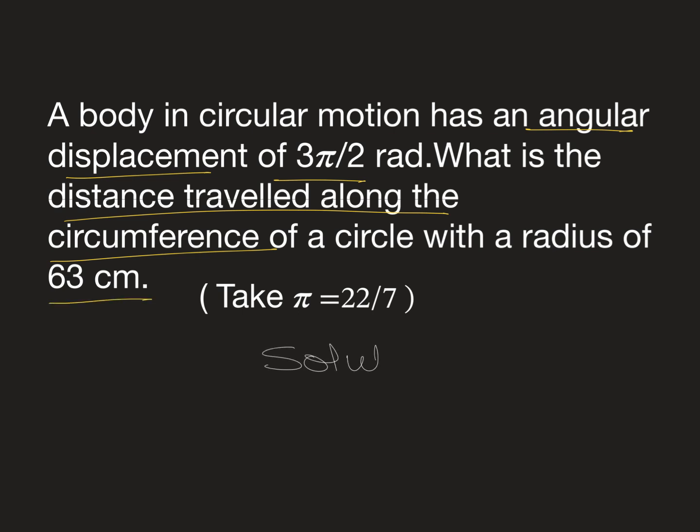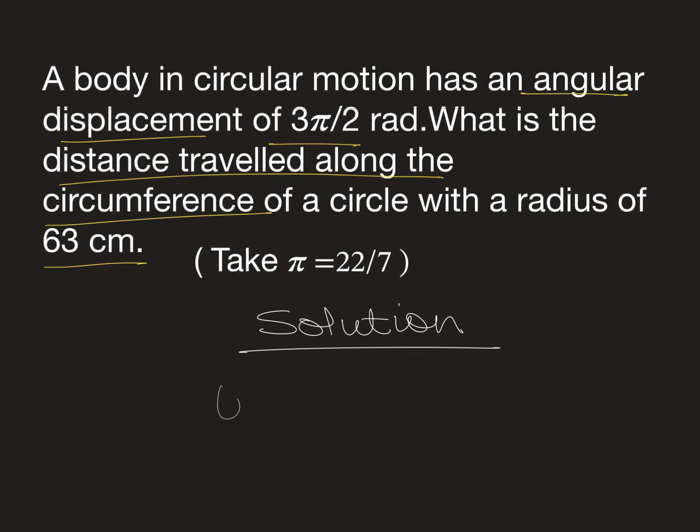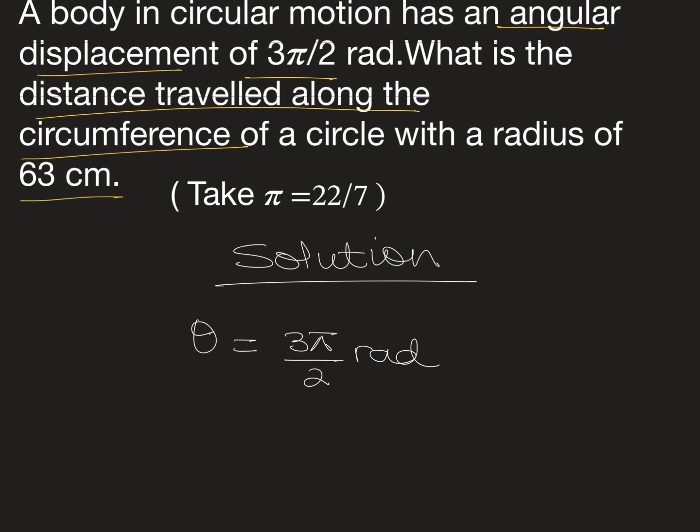Solution: the angular displacement theta is equal to 3 pi over 2 radians. This is angular displacement, not angular velocity, so do not confuse them. And the radius of the circle is 63 centimeters. That is the same as 0.63 meters.